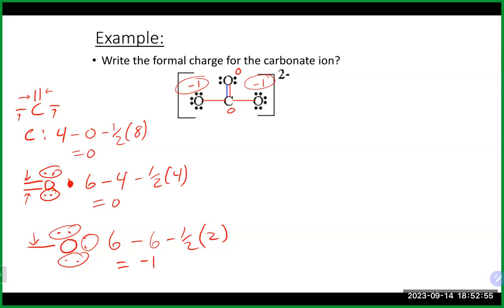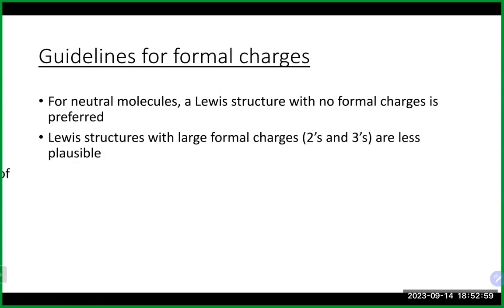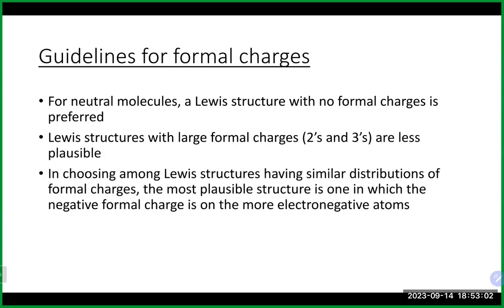So as I mentioned, what we really use this for a lot of times is to help us decide between two different structures or several different structures. So the general guidelines for formal charge are this: if you could draw a Lewis structure where you have no formal charge, where everybody zeroes out, that's kind of ideal.